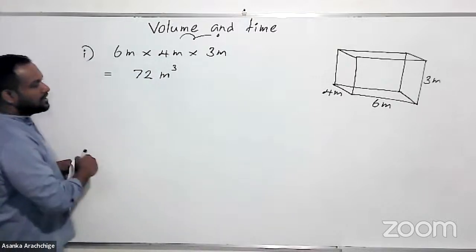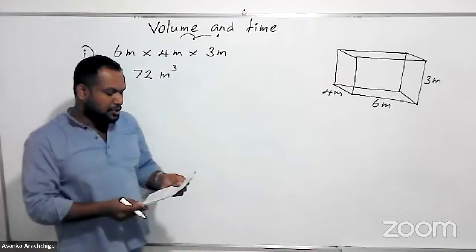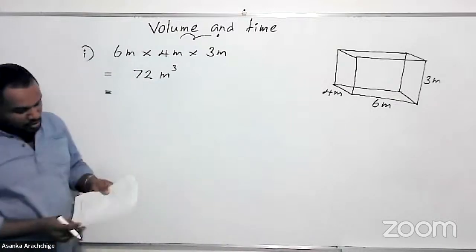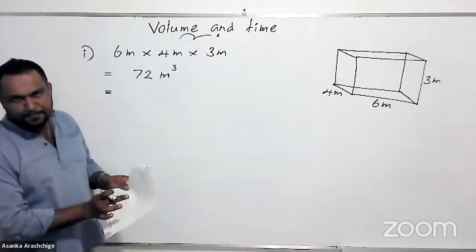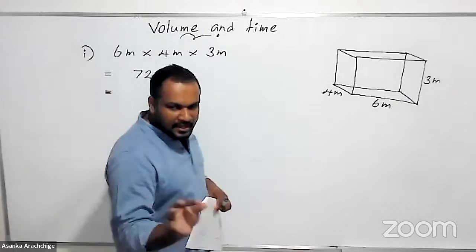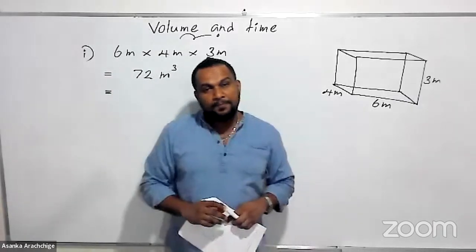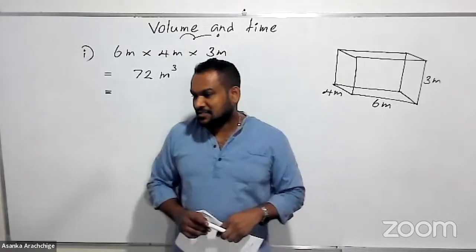Therefore, now you have to convert 72 cubic meters into liters, because in the question we are asked to express it in liters. So tell me, Darwin, what is the relationship between liters and cubic meters?